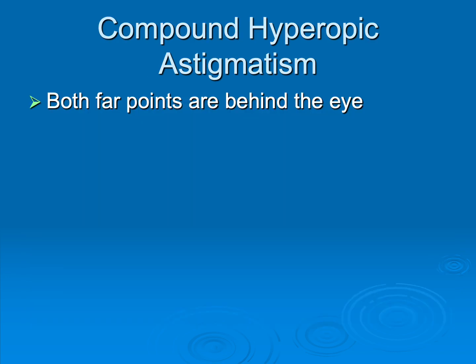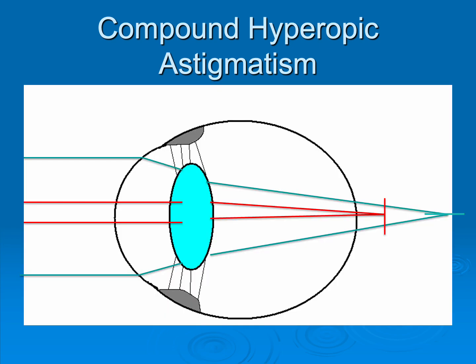So we talked all about compound myopic astigmatism. There is, of course, compound hyperopic astigmatism where both far points are back behind the eye, and that looks like this. So how are we going to treat that? It's the same way. We're going to take a sphere and put one of those lines on the fovea.